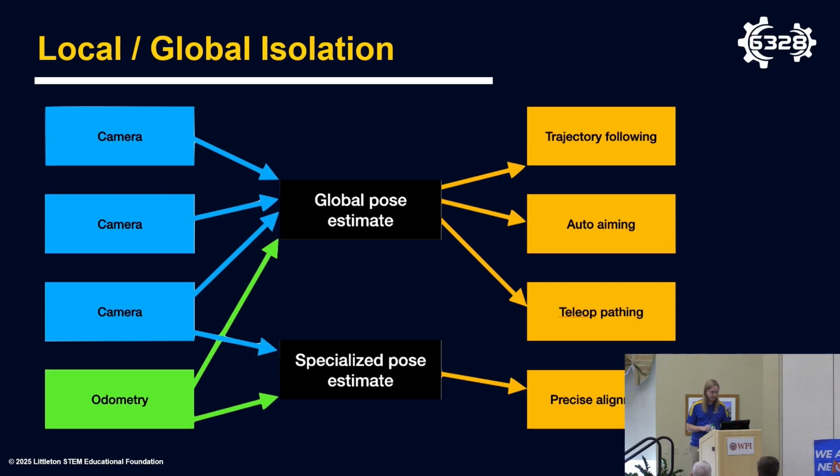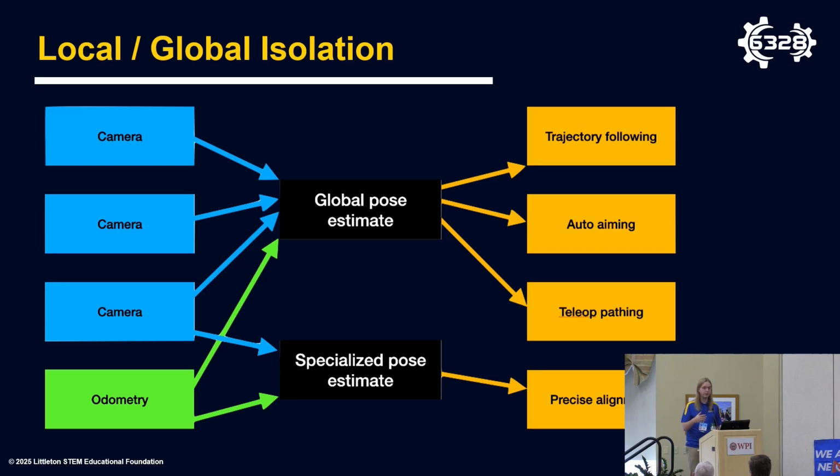And the way we did that is to explicitly separate these global and local pose estimates. So we have separate pipelines, and we can tune them differently. So we're using different solvers, we're controlling for different properties, reducing latency versus maintaining smoothness. And in fact, in terms of local estimates, we were maintaining a separate local pose estimate for every individual April tag on the field.